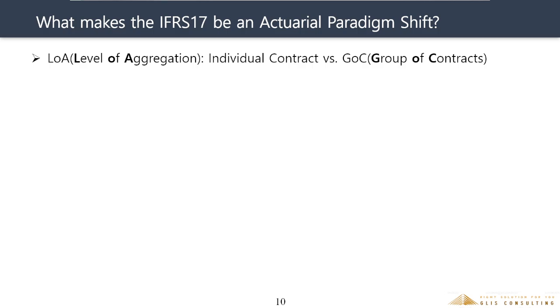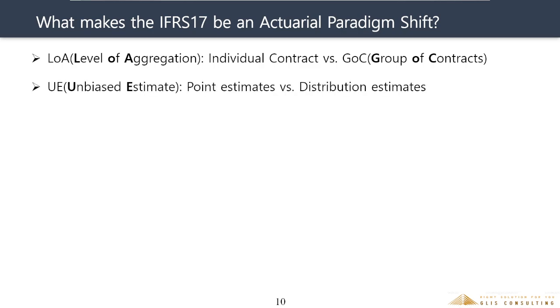The level of aggregation: it clearly says that we don't measure on an individual contract basis because our business is based on the law of large numbers. So we are going to recognize and measure the insurance contract on a level of group of contracts that has to be defined in the standard itself.